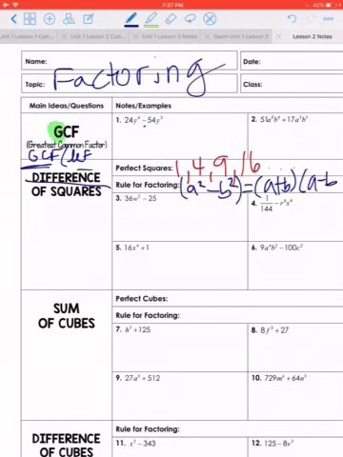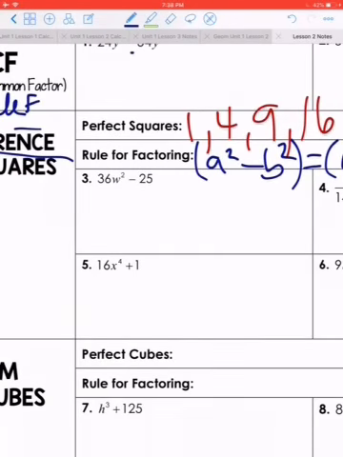It works every time. So you just find the square root of a squared and b squared, and then you put one with a plus and one with a minus, okay? So for 36w squared, let's square root it, and 25, let's square root it. Then one's going to get a plus and one's going to get a minus.